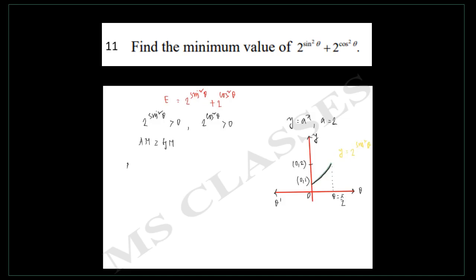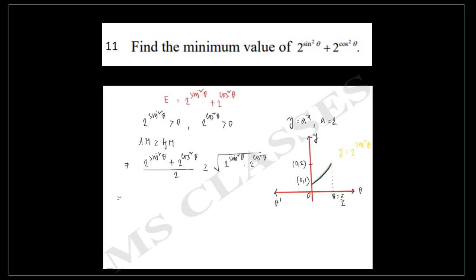So AM greater than or equal to GM, what do we get? (2 to the power of sine square theta plus 2 to the power of cos square theta) whole by 2 greater than or equal to under root of 2 to the power of sine square theta into 2 to the power of cos square theta.